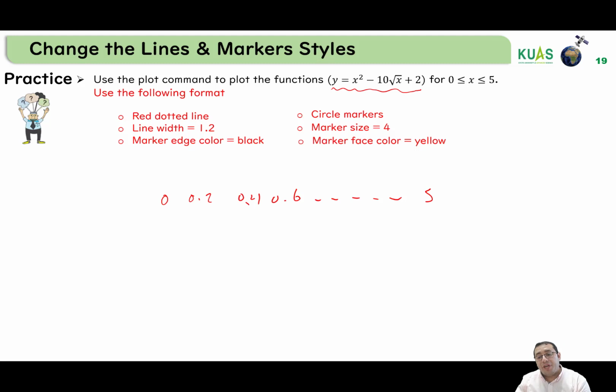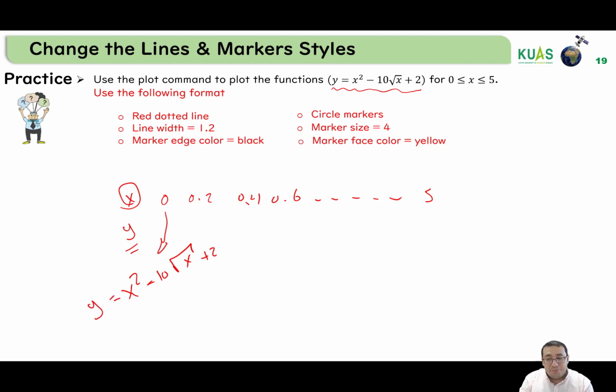We have many values of x, and for this x we need to estimate y. And y in this case, for every value, is equal to x squared minus 10 square root x plus 2. And x is a vector, so y also will be a vector.